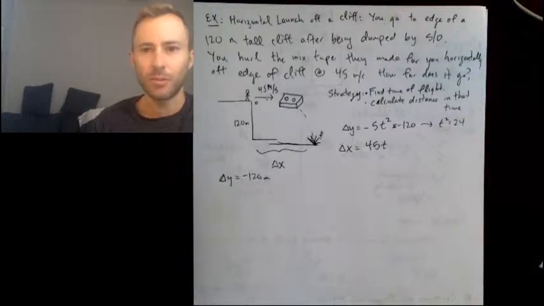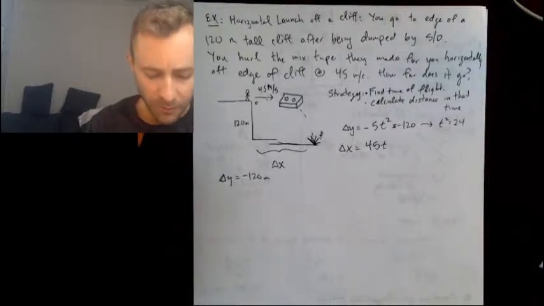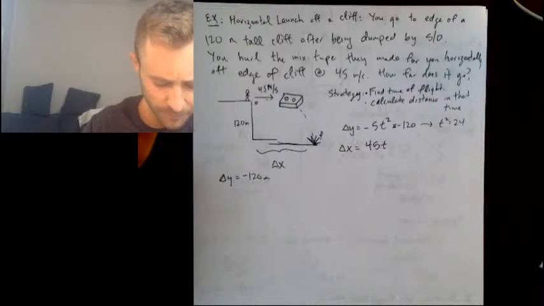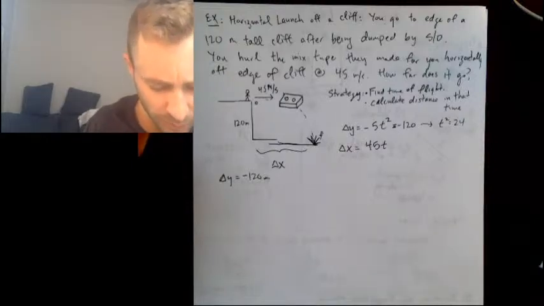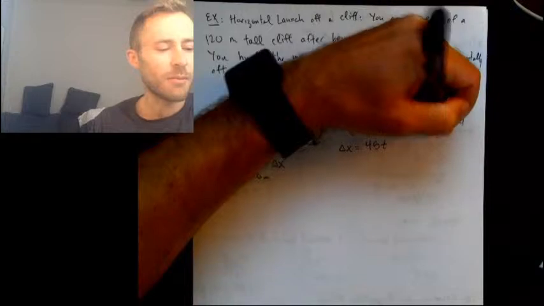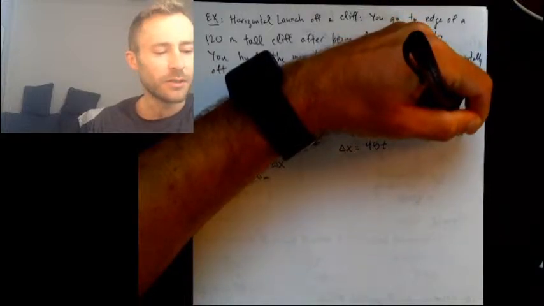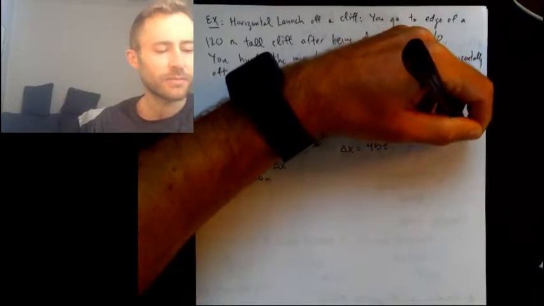Then I take the square root of both sides, and it's about 4.9. Square root of 24 is 4.9. So the time of flight is 4.9 seconds.